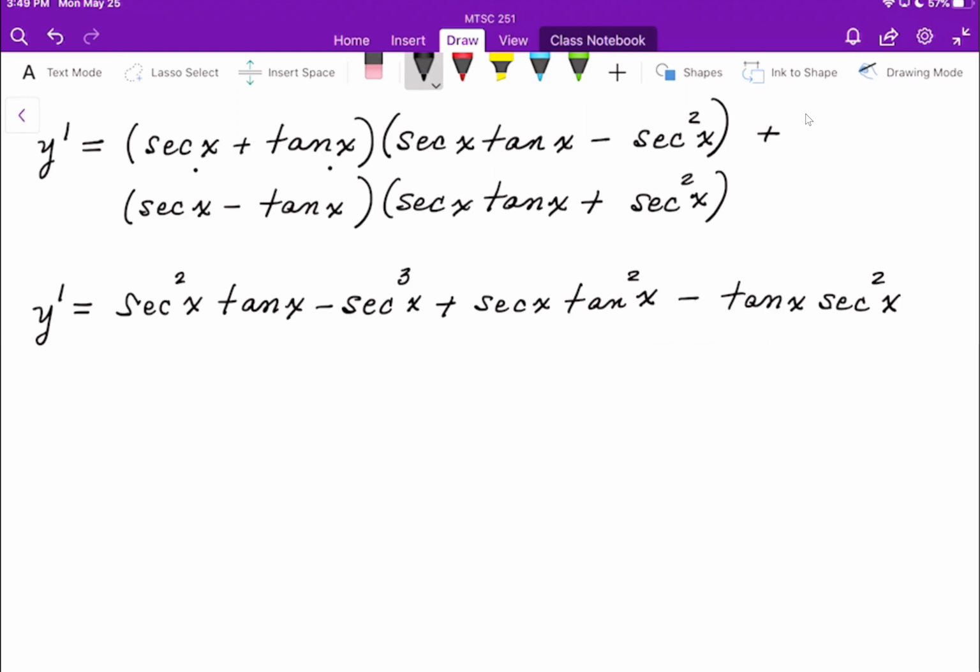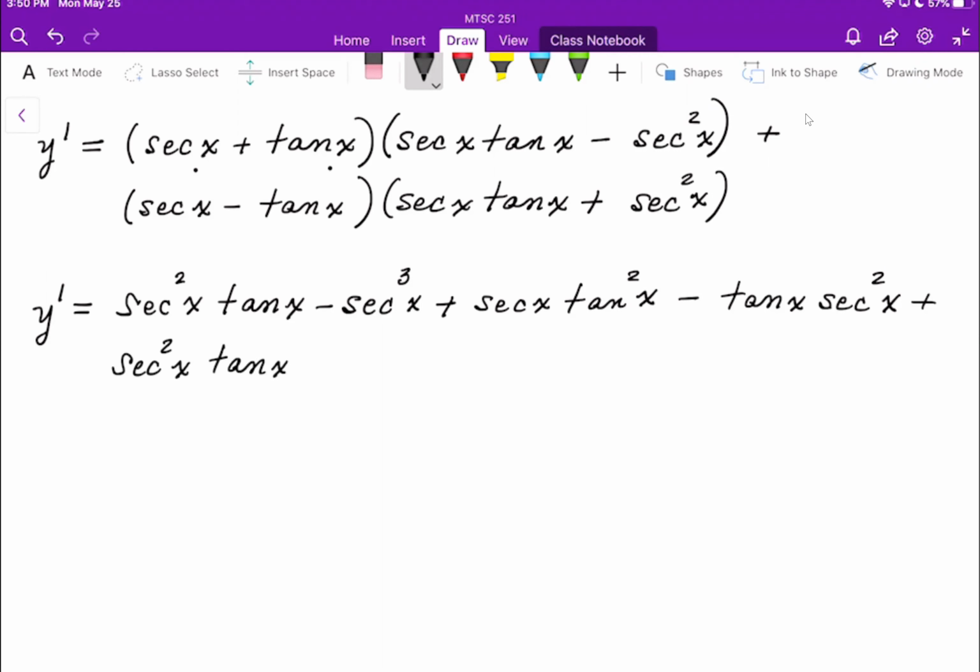Okay, we're going to add to that what we get from the bottom, the second part. So we're going to get secant squared x tangent x.